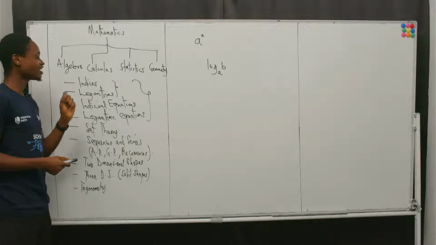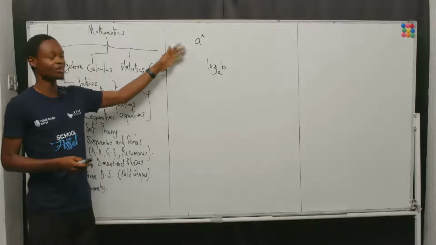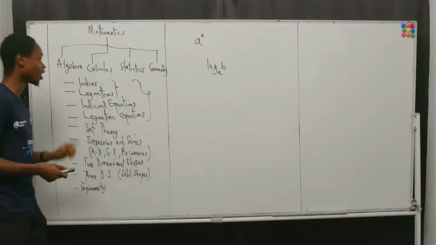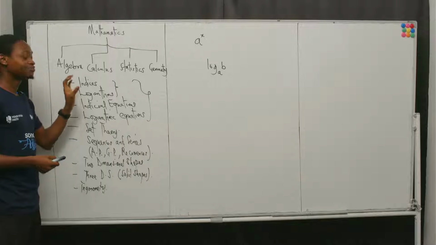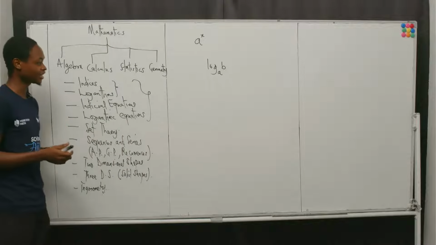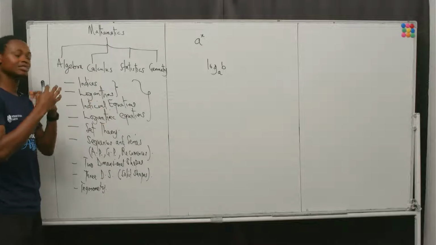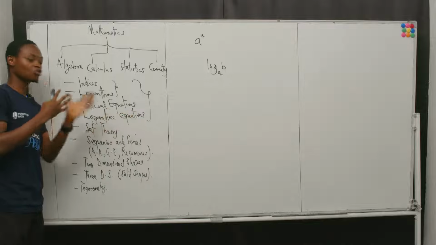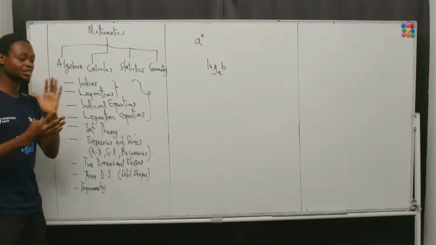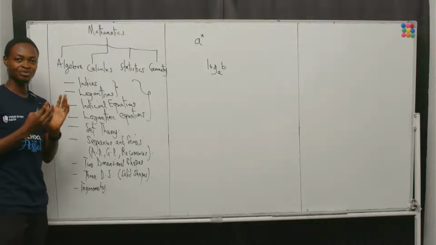Now, at first, they look distinct, which means they don't seem to have anything to do with one another. However, the biggest similarity that exists between indices and logarithms is the fact that an expression can be immediately converted from an index look to a logarithmic look. How?